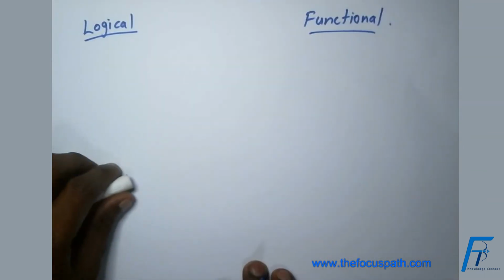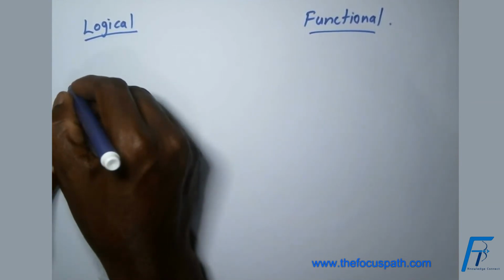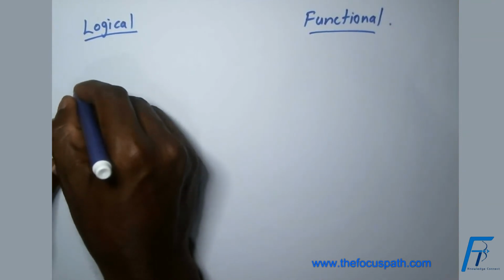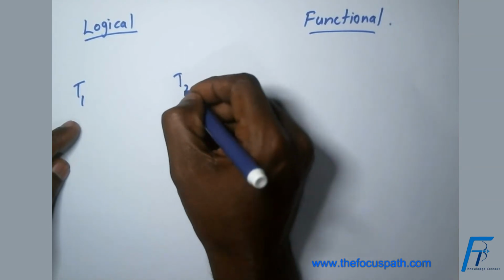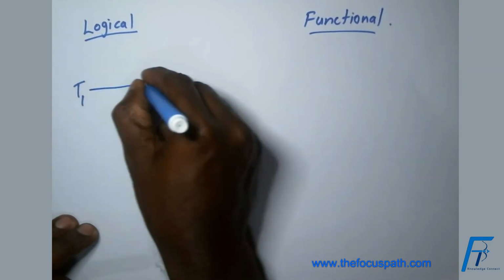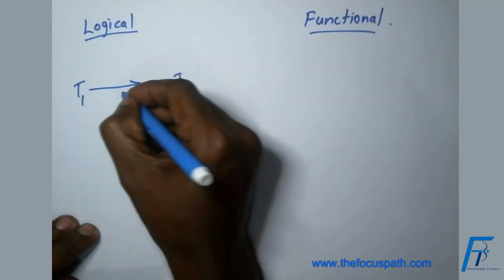As I told you, logical is more of schematics. That means we focus more on the wiring information. There is a terminal 1 and there is a terminal 2, and here we tell that the signal is flowing from terminal 1 to terminal 2.